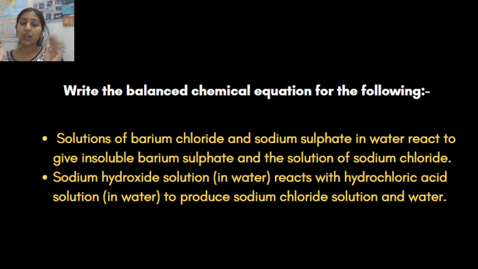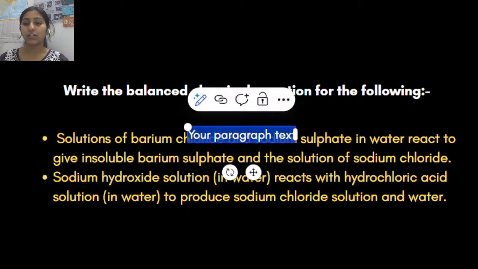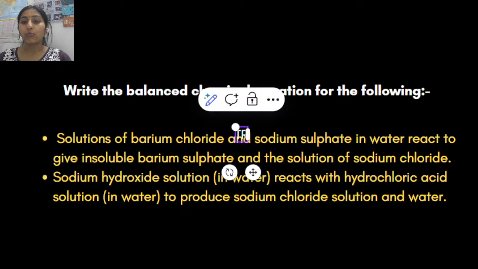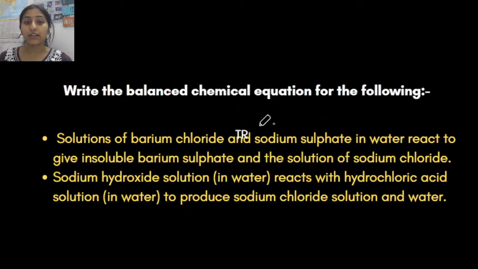Here the solutions of barium chloride and sodium sulfate are reactants, of course, and they are reacting to give products, barium sulfate and sodium chloride. So how to write this? We would write this particular reaction in the form of a balanced chemical reaction.